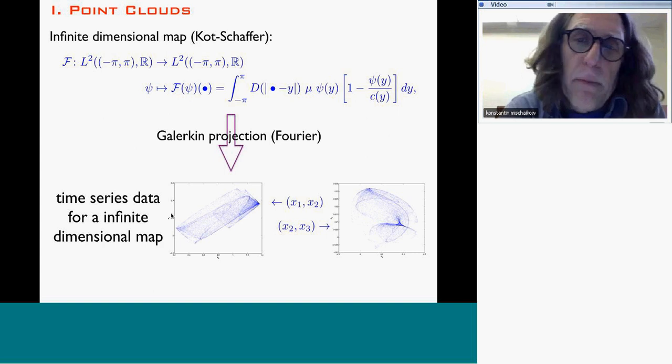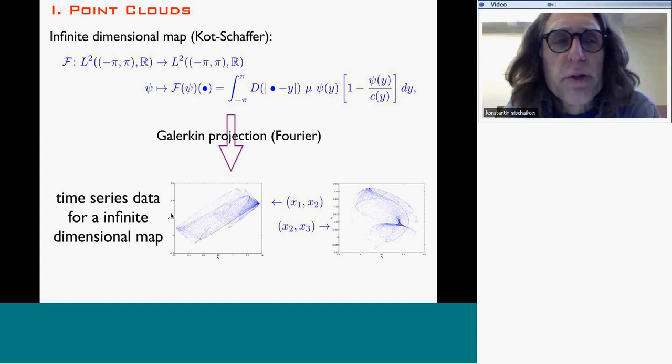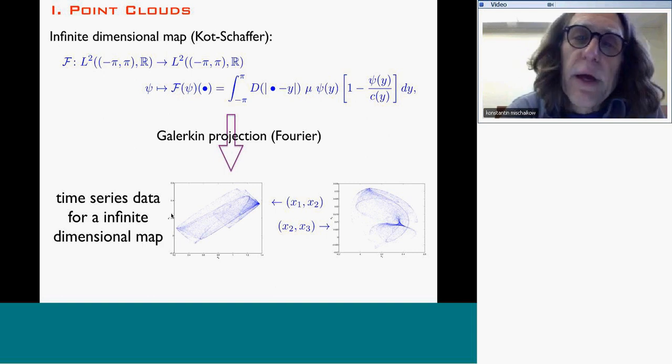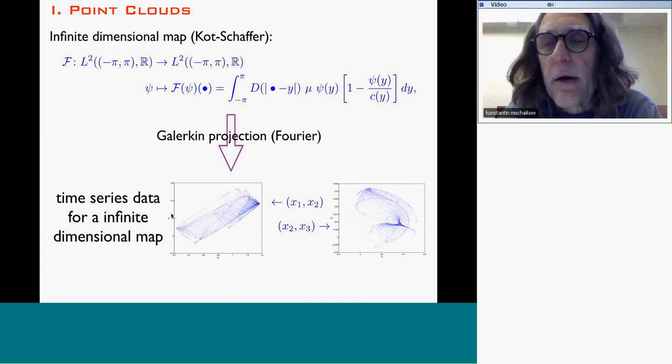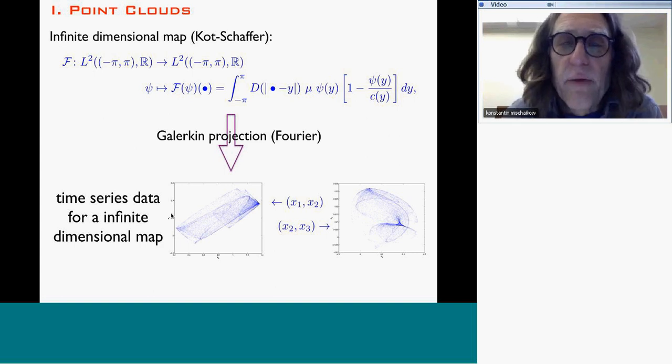One is to take, and if we assume functions are periodic on the domain, use Fourier series to decompose psi. Get an infinite set of maps that take Fourier coefficients to themselves. Of course, we can't work with this infinite map, so we take a finite set of Fourier coefficients.